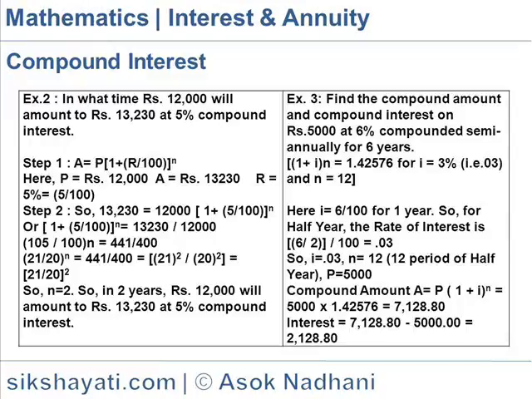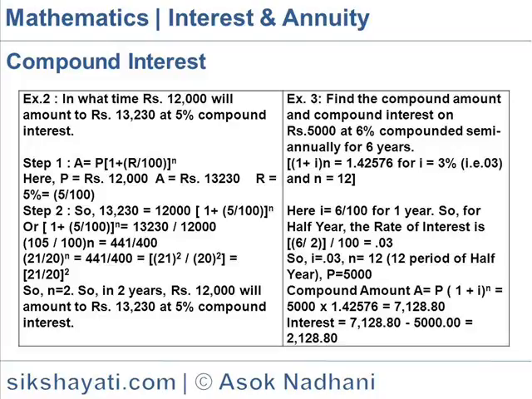So (105 by 100) to the power n is equal to 441 by 400, simplifying the right hand side. So (21 by 20) to the power n is equal to 441 by 400, is equal to 21 square by 20 square. So that gives you (21 by 20) squared. So n is equal to 2. So in 2 years rupees 12,000 will amount to rupees 13,230 at 5% compound interest.